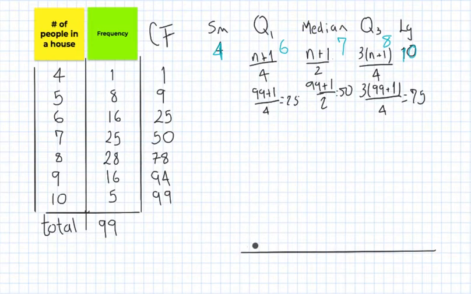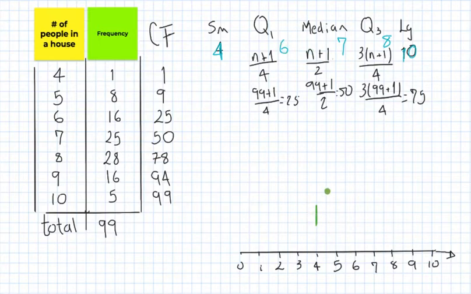So here I have 0, 1, 2, 3, 4, 5, 6, 7, 8, 9, and 10, right? So now I'm going to locate each of these values. So first I'm going to locate the 4. The 4 is going to be here, which is the smallest value.